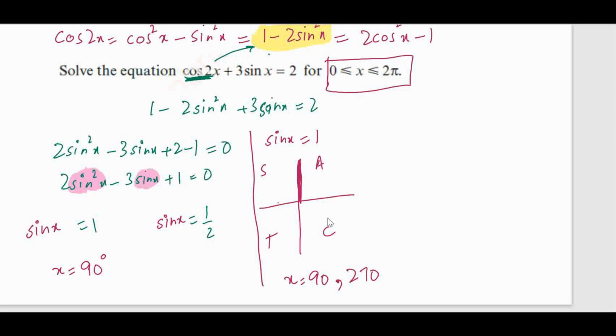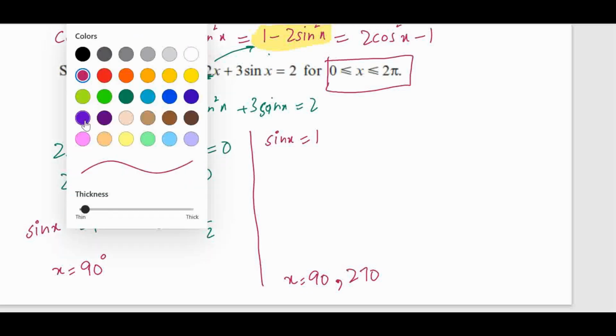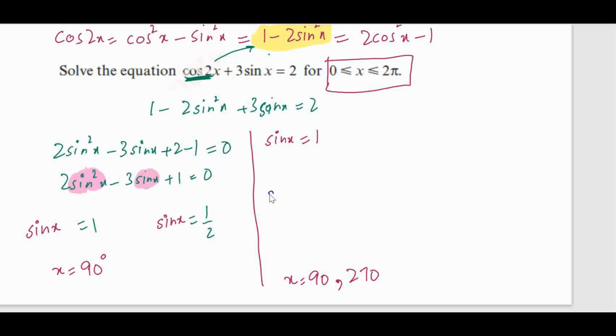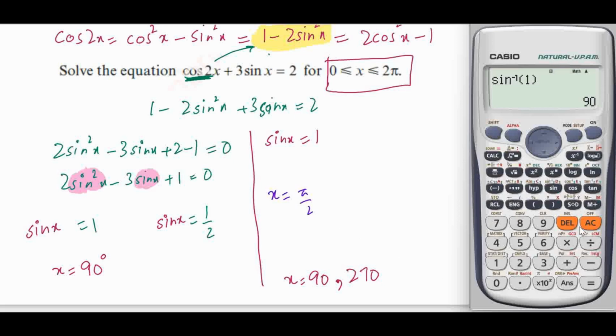So for the first case, we will have two answers. If we convert it in radian, the first answer will be x is equal to pi by 2, and for the next one, let's convert 270 degrees into pi.